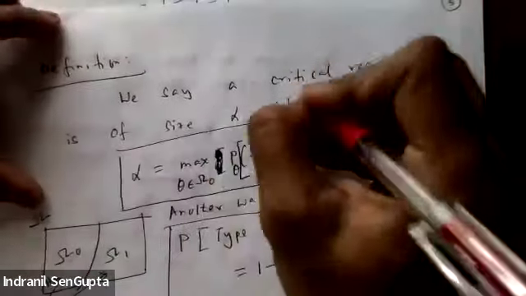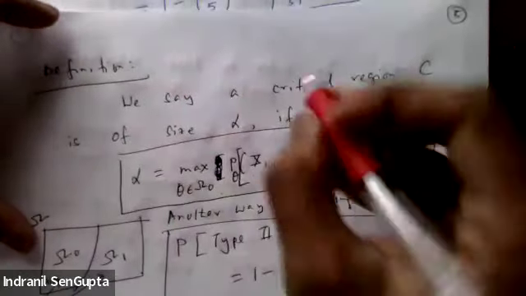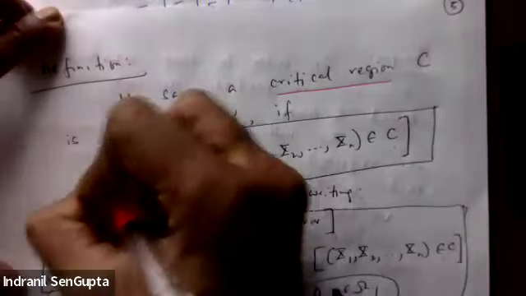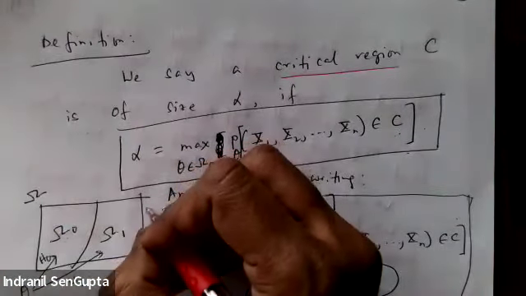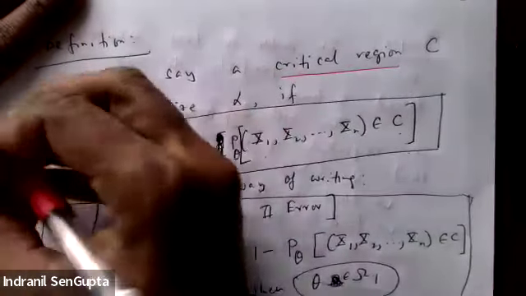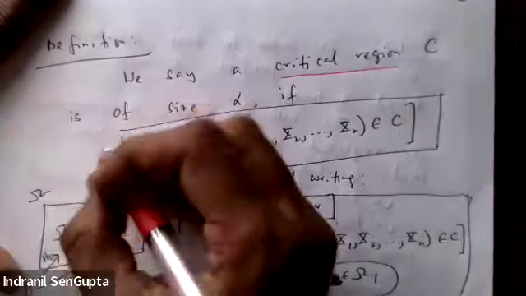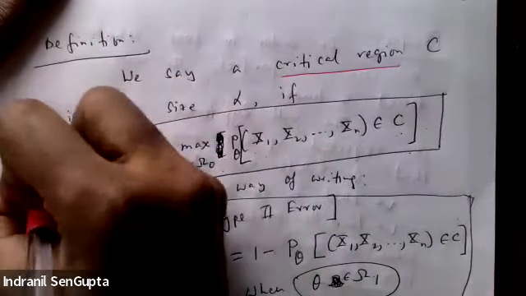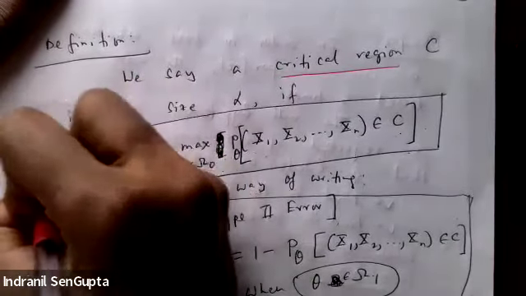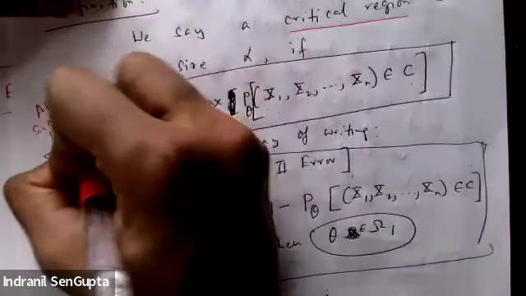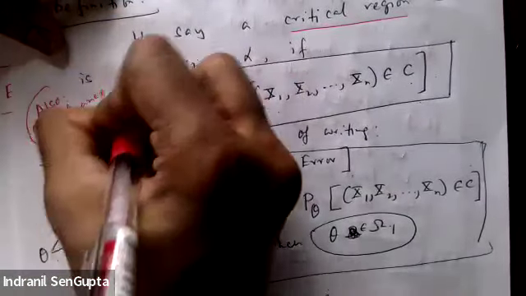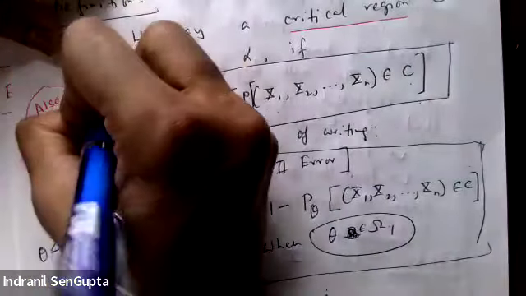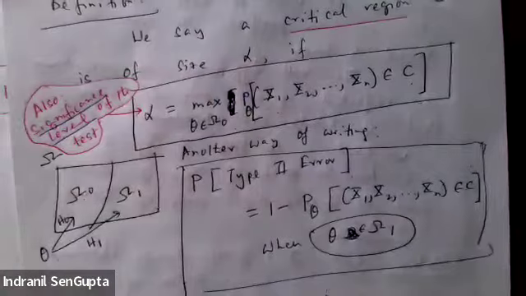So this alpha here, which is the size of the critical region, is also called the level of significance or the significance level of the test. Significance level or level of significance, they're the same thing. So that is basically that alpha.